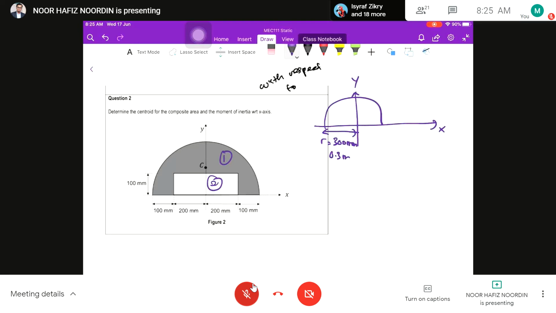Okay, kita ambil dalam meter lah, senang sebab nanti mm tu dia jadi besar banyak pula number yang kita nak tulis. Alright, and then centroid, center dia kat mana? So here lah lebih kurang, and then the distance from X axis is 4R divided by 3 pi. So this one you need to remember lah.